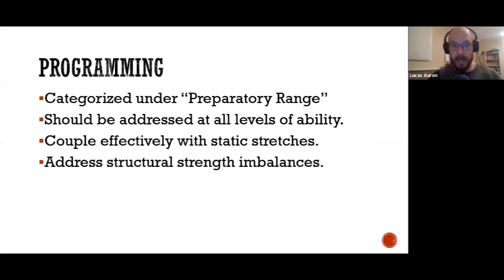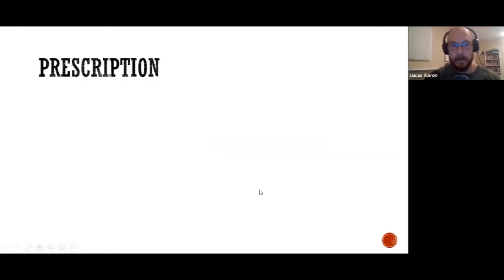So we can use this component because it's also a very controlled component of training. So we're not at risk of being in a position and trying to activate the muscle. Whereas we're going to be continually at risk if we just continue strength training and squatting and pressing and not actually taking time to address the imbalance specifically. So for prescription, that's a little bit how we would program it.